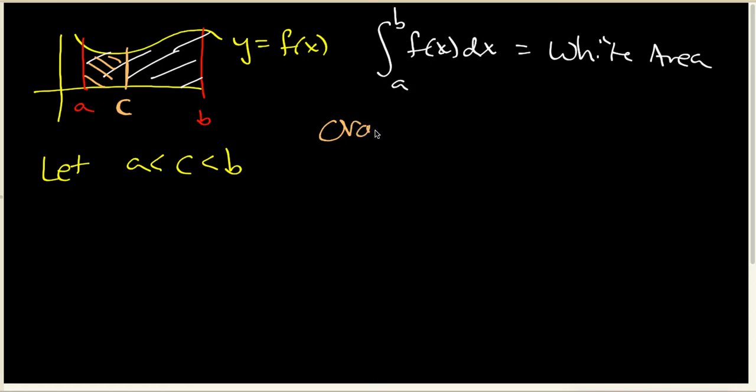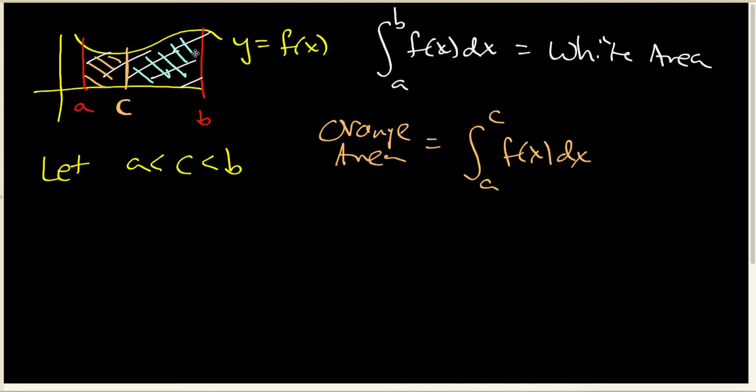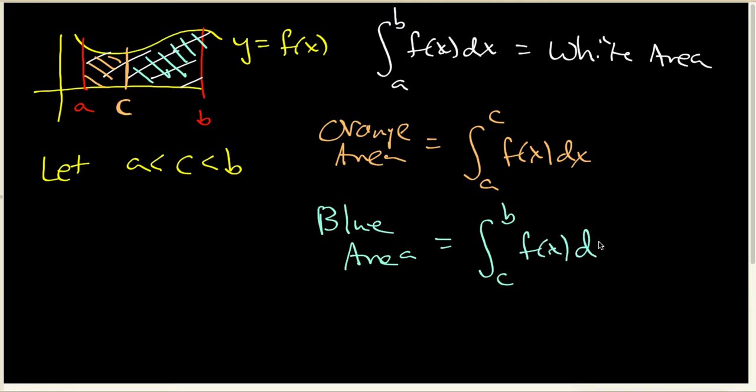That orange area is the integral between a and c of f of x dx. And let's use this color here, this kind of blue-green color. Let's call it a blue. That blue area is equal to the integral between c and b of f of x dx.